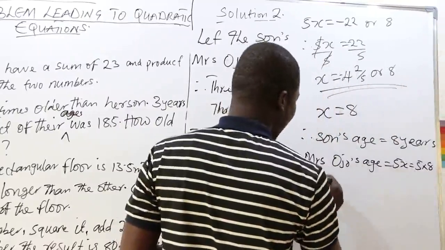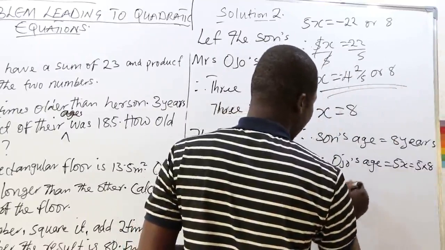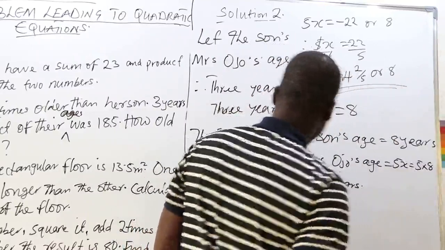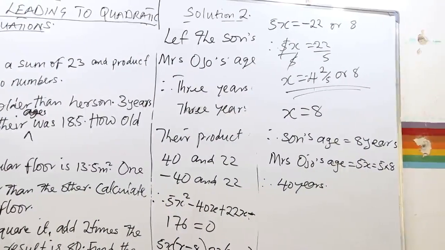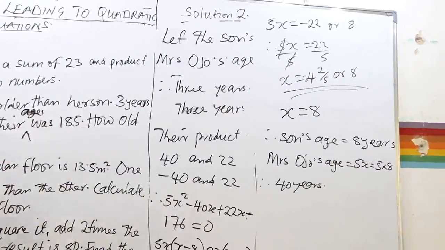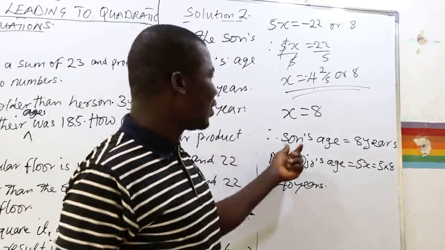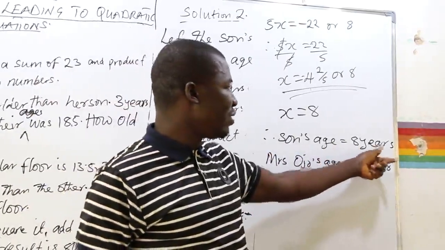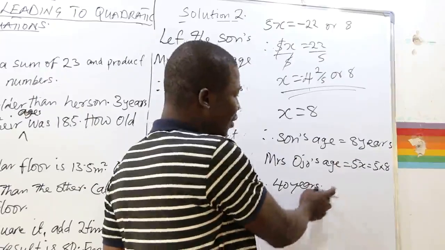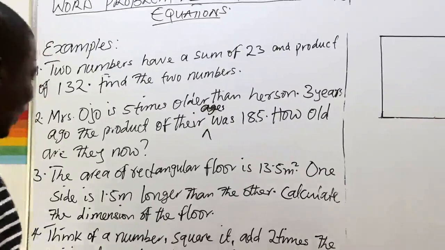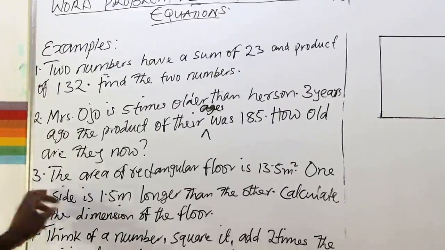Therefore, it's going to be 40 years. Now the question: how old are they now? By implication, the son now is 8 years old, while the mother now is 40 years old.